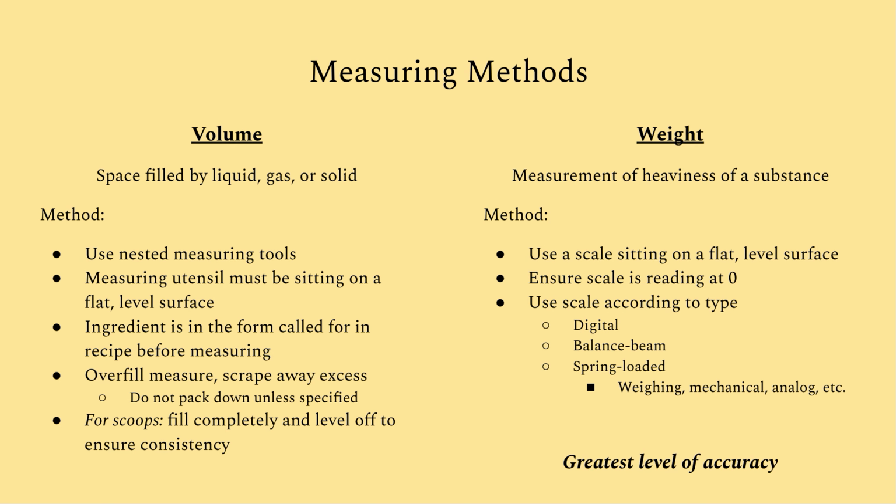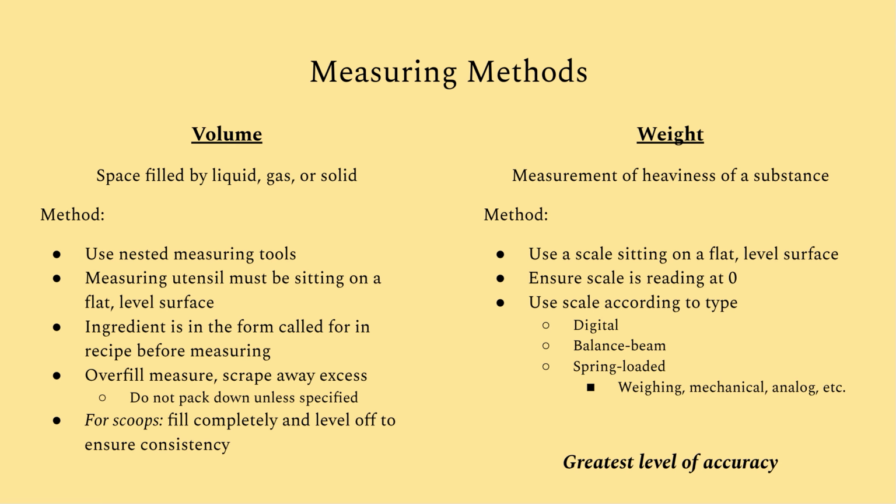Make sure that it is sitting on a flat surface, and you are measuring the ingredient into that until it reaches the line. Or you can overfill the measure and scrape away the excess, but do not pack the ingredient down unless it is specified. Now, if you are using a portioned scoop, make sure to fill that scoop completely and then level off to ensure consistency. Now that's volume.